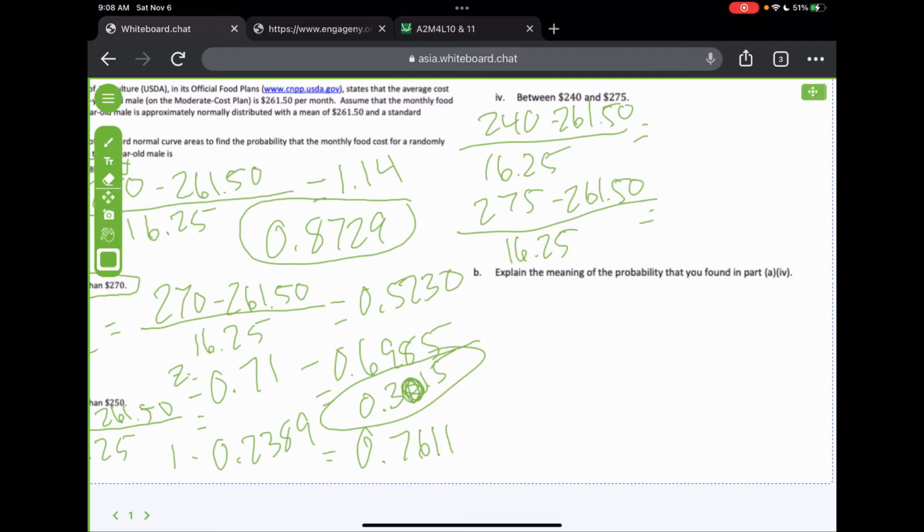So let's do it first. 275 minus $261.50 divided by 16.25, and that is 0.83. Okay? Now, let's do this one up here. This one's going to be negative, and that's going to be negative 1.32.